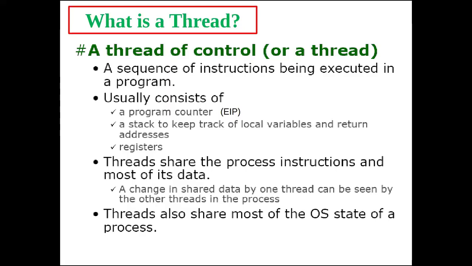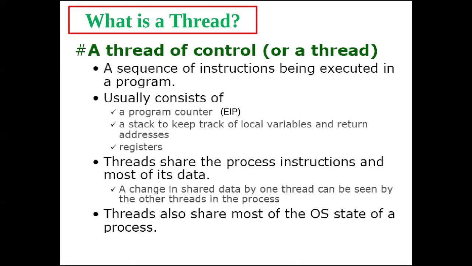Now, when I say threads share process instructions and data, let us understand this point clearly. Threads do not work in isolation. Threads share, as we stated earlier, process instructions, that is code, and most of the data. If one thread changes shared data, that change can be seen by other threads in the same process.